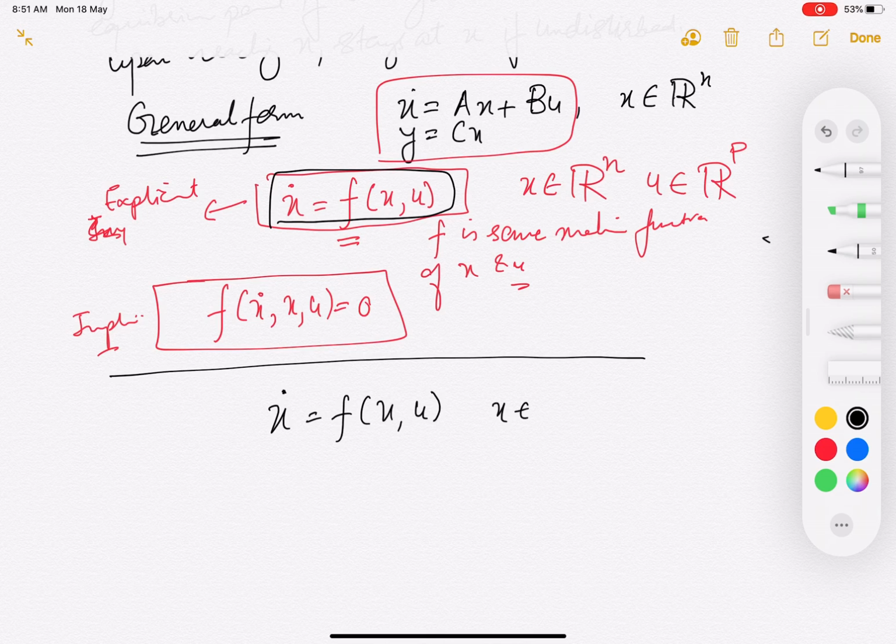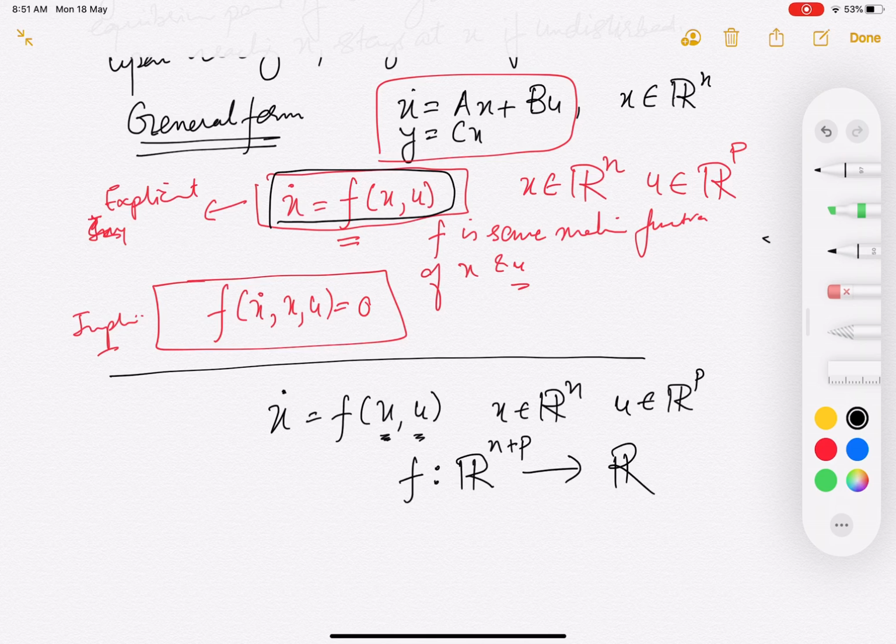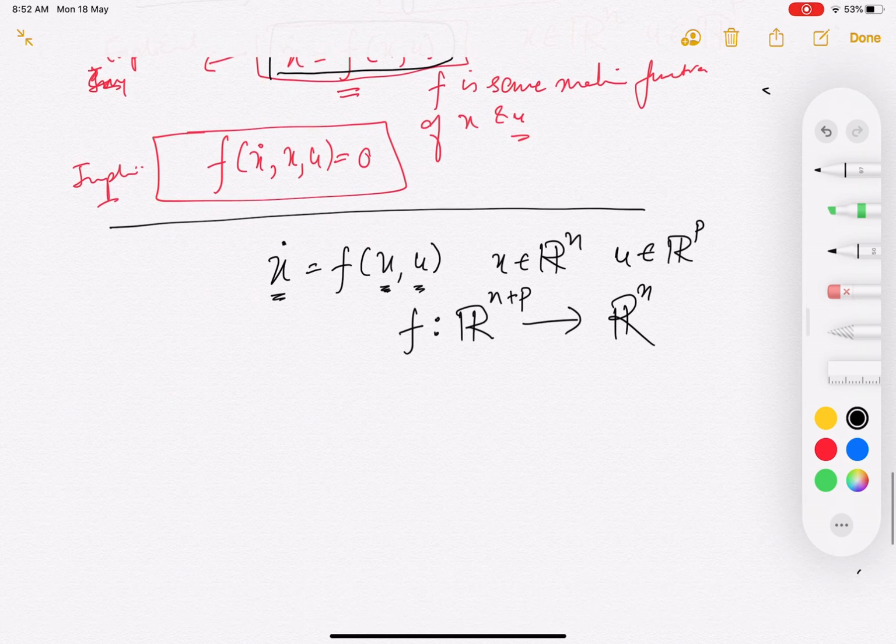Where x belongs to Rn, u belongs to Rp, and f is actually a mapping from the domain, which is Rn plus p. That means it takes n inputs from x, p inputs from u, and then this mapping goes to Rn, because x dot is an n-dimensional vector, right?